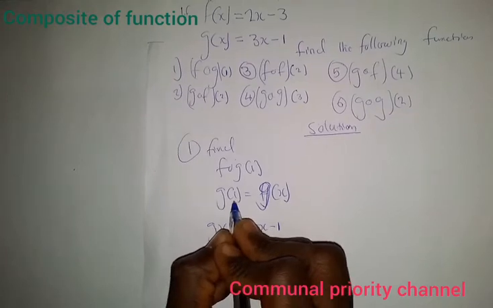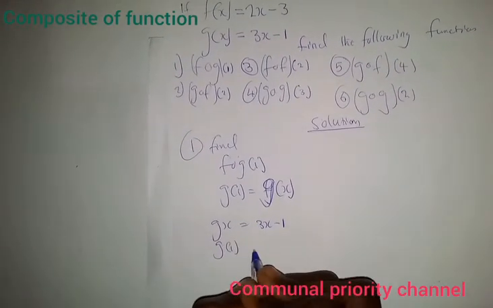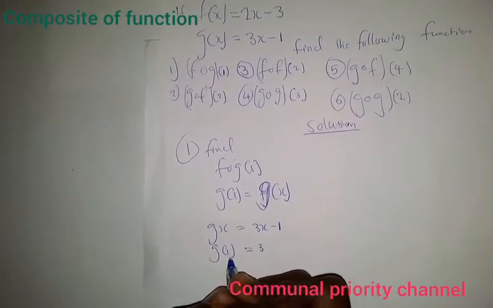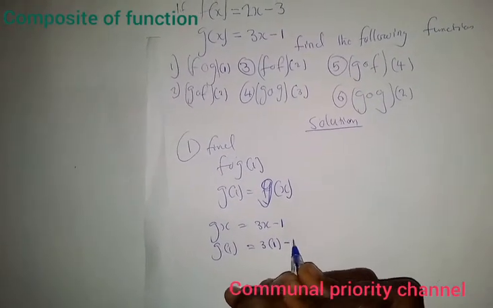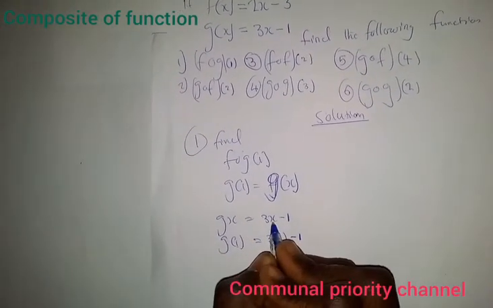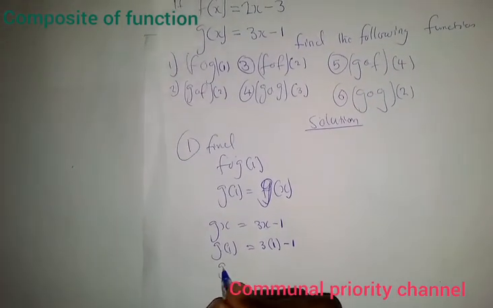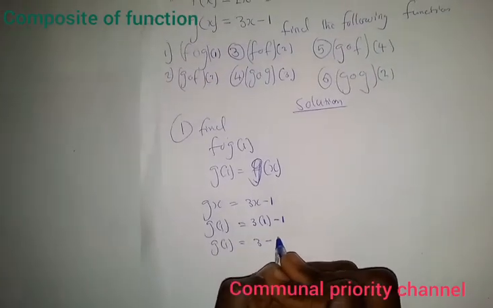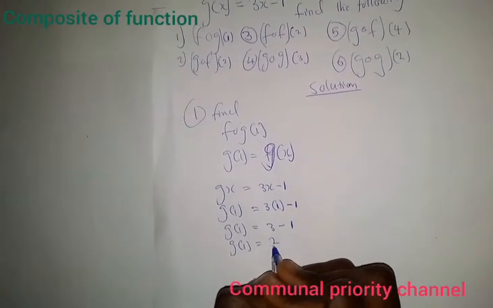Anywhere you see x, we substitute it with 1. So g of 1 is 3 multiplied by 1, minus 1. In g of x we have x, so in g of 1 we have 1 there. Therefore, g of 1 is equal to 3 times 1 is 3, minus 1. Now our g of 1 is equal to 2.